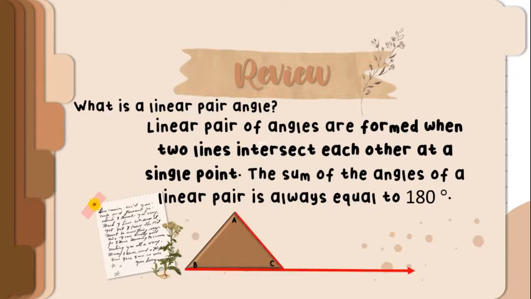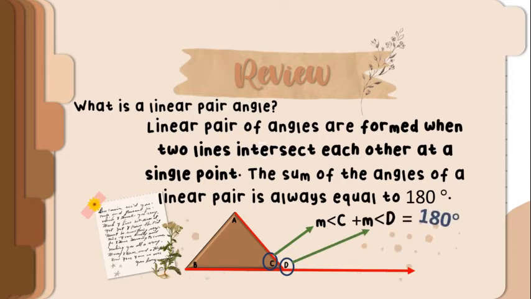And because line AC intersects it, it created angle D, which gives us the linear pair angle C and angle D. We have to take note that the measure of angle C plus the measure of angle D is always equal to 180 degrees.